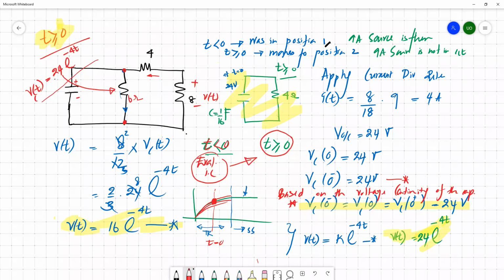So for that, it's not easy. You have to do a similar kind of analysis, like we did for t greater than or equal to 0, for t less than 0 as well. If it is DC steady state only, you can just replace capacitors and inductors as we discussed. If it is not mentioned, I have to think that capacitors and inductors which are in the transient state cannot be replaced with open circuit or short circuit elements.